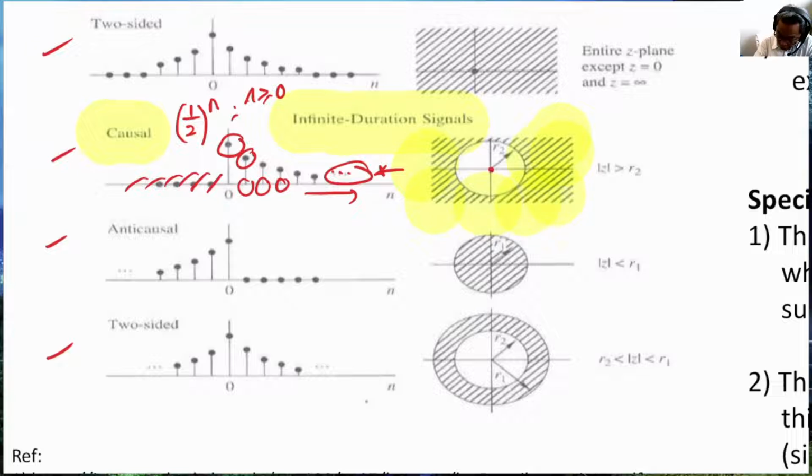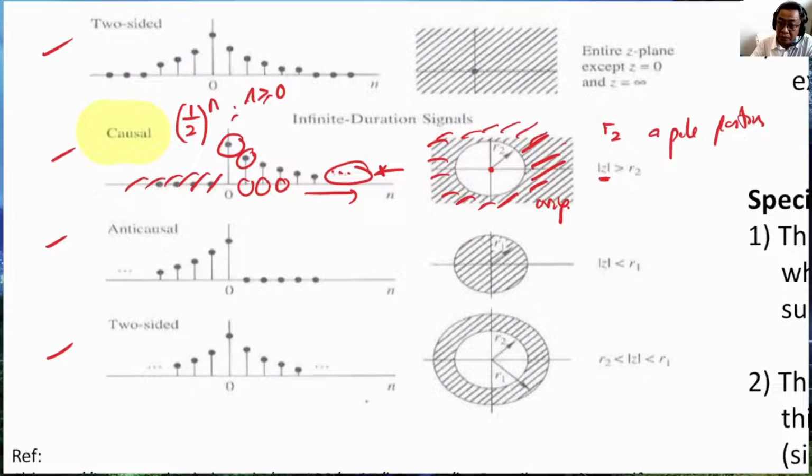This is the origin, and only for the value of z outside this circle, in this example we call its radius R, we will shade the region of convergence. What R2 is later on is the position of a pole. So the value of R2 will indicate a pole position. And what you'll realize is that the region of convergence must be external to the pole.